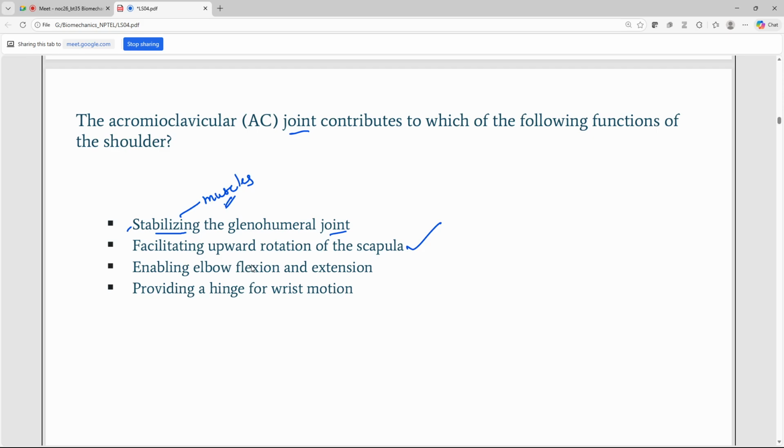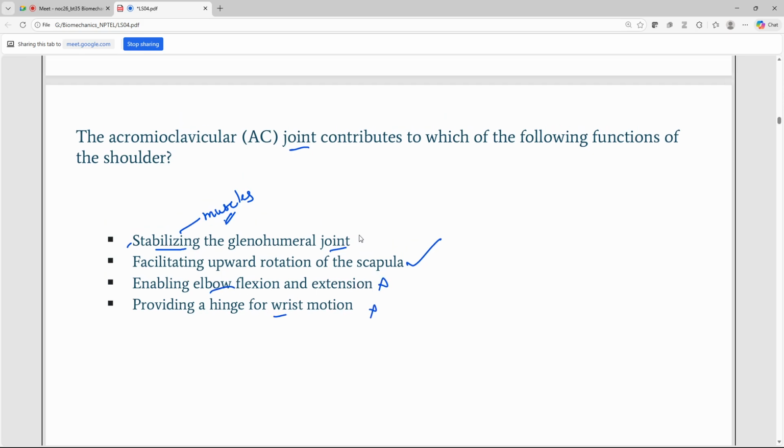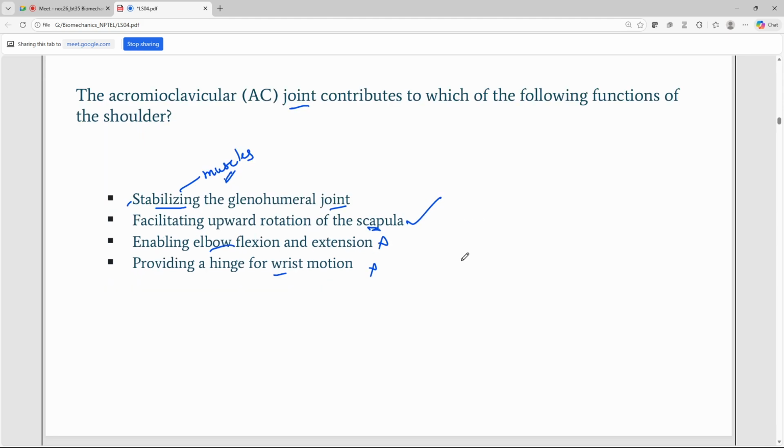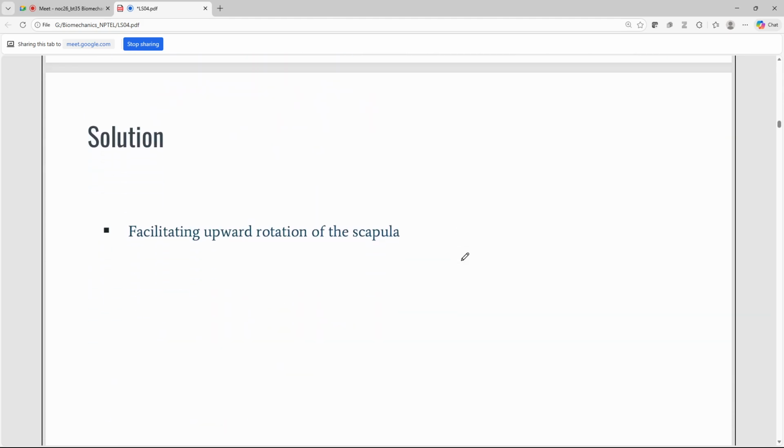The other two options are for the elbow and wrist, so you can easily cancel them out. Only one motion comes in the vicinity of the acromioclavicular joint: facilitating upward rotation of the scapula. The scapula is the wing bone on the back side of the body, just behind the shoulder. Option B is our answer.